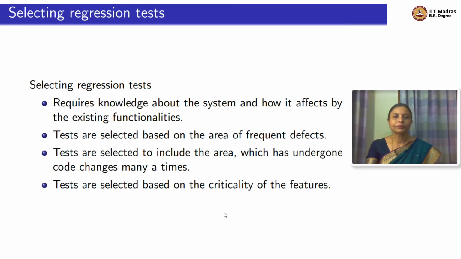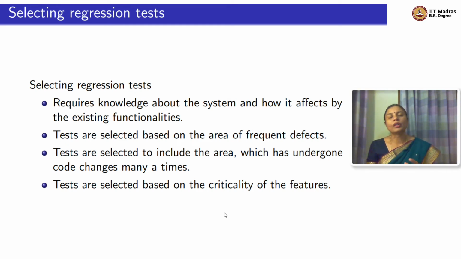So selecting regression tests, what does it need? Obviously you need domain knowledge about the software that you're testing, and how it affects the existing functionality. This is case by case, based on the kind of application that you are dealing with. Maybe you could select test cases based on their effectiveness in finding a lot of defects.